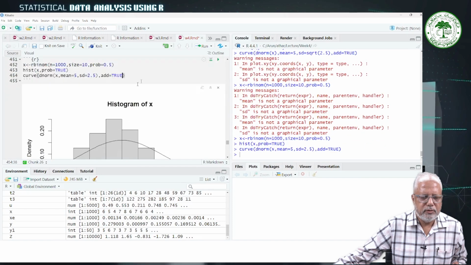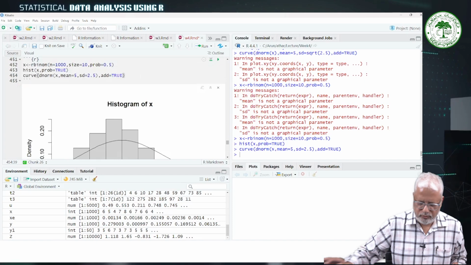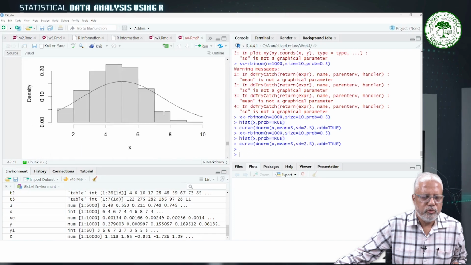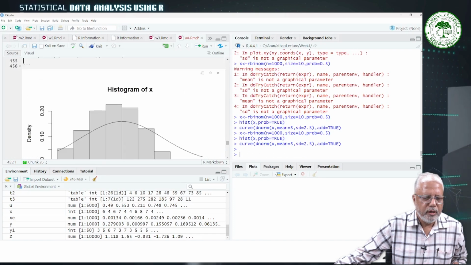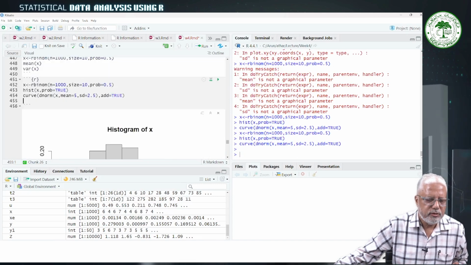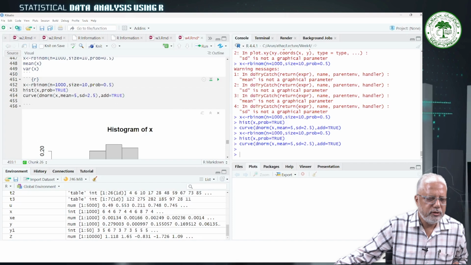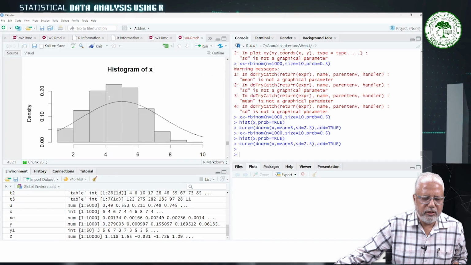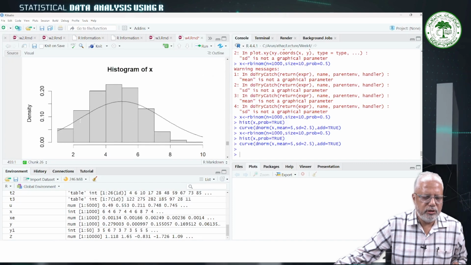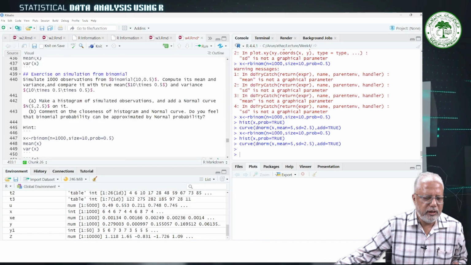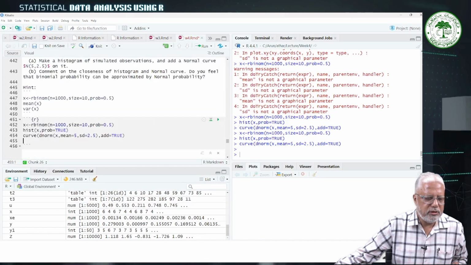See, we run the whole chunk. Both the distributions are matching. And that's why we can approximate. See, to some extent they are matching. So that means we can approximate this.